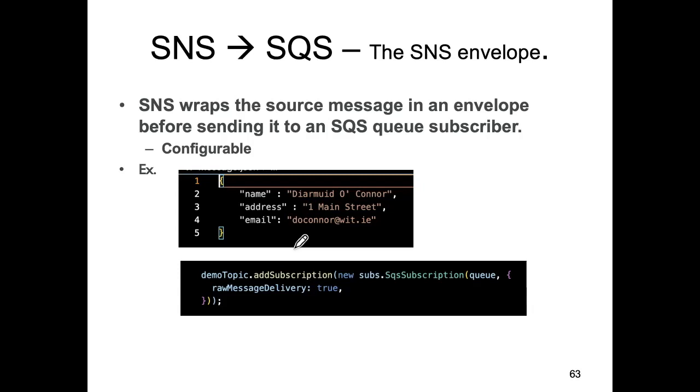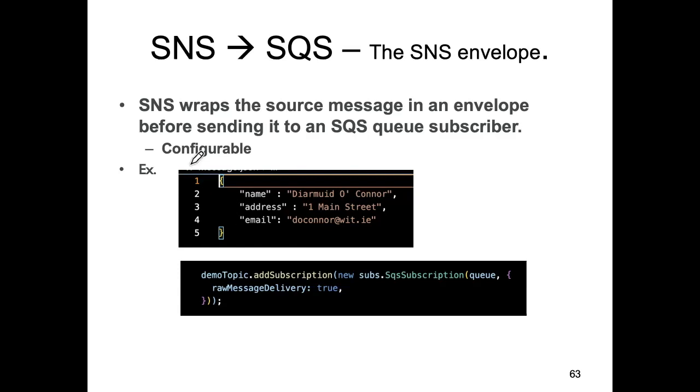And that wrapped message is what's sent to SQS. And so what the Lambda that's linked to the SQS receives is the enveloped source message, and you just have to drill down into it.